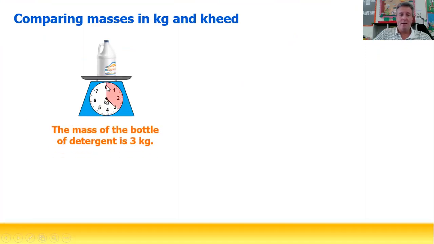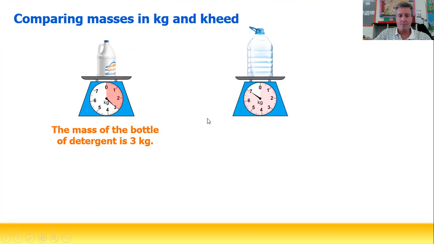What have we got here? The mass of the bottle of detergent is 3 kilograms. And the mass of the bottle of water is 7 kg, 7 kilograms.